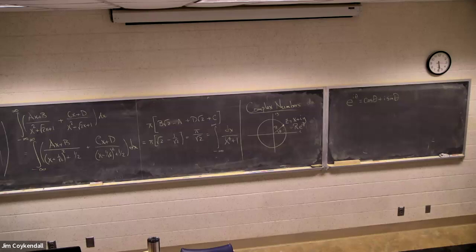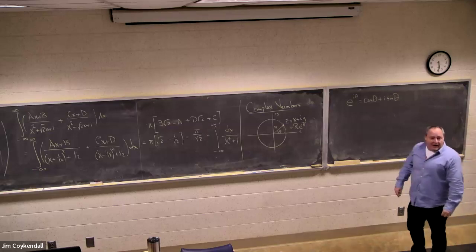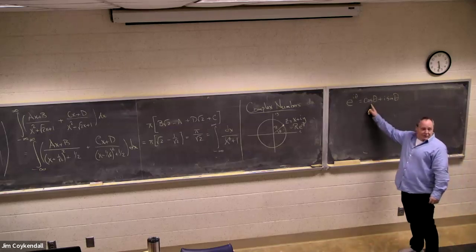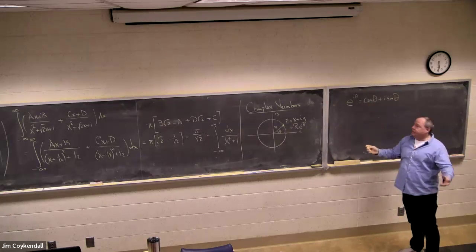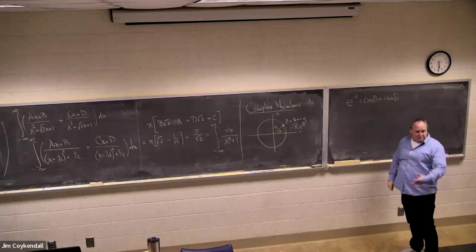This is probably one of the most famous identities. If you've had a really good trig course, you've seen this actually. If you want to verify it for yourself, and you've seen Calc 2, take the Maclaurin series for e to the x and shove i theta in it and see what happens. It'll break up into a real part and an imaginary part that will be cosine and sine. It's really kind of cool.